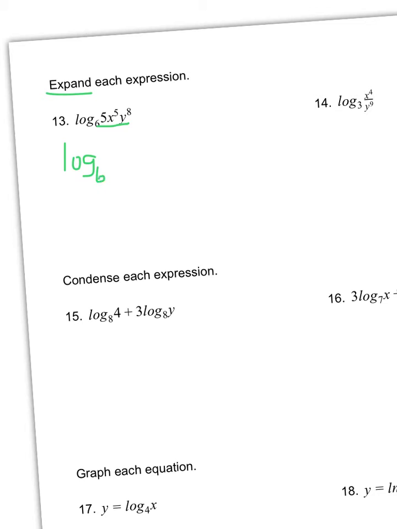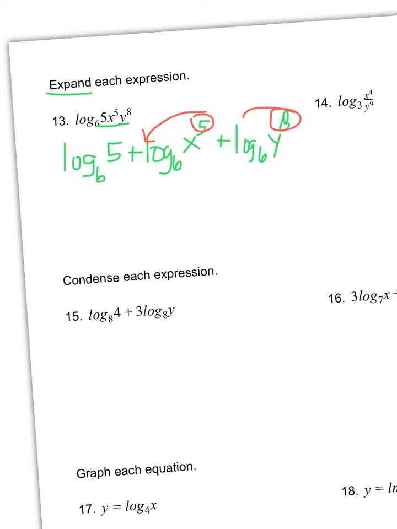So log base 6 of 5 plus log base 6 of x to the 5th plus log base 6 of y to the 8th. And then there's another property that says if you have exponents here, the exponent to coefficient rule says you can move that to the front.